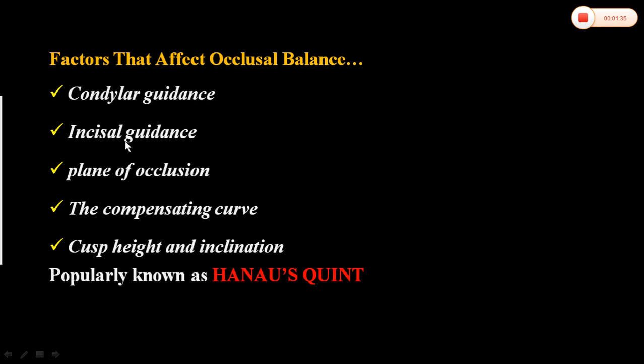Whereas the other factors, incisal guidance, plane of occlusion, compensating curve, and cuspal height, are developed by the dentist. So when we are setting the teeth, these other factors can be modified or altered to achieve balance. So the dentist can have control over these 4 factors only.